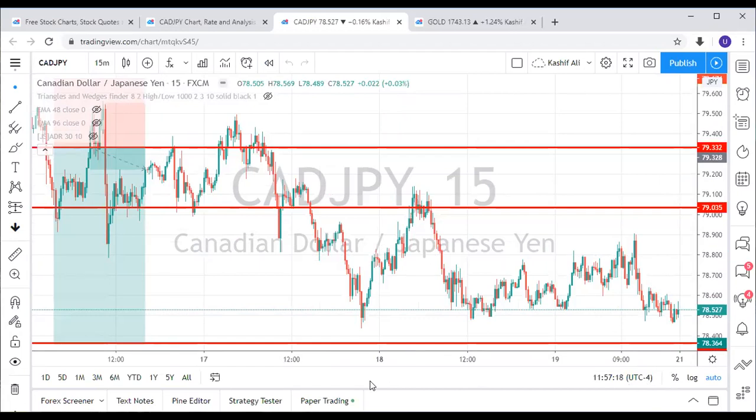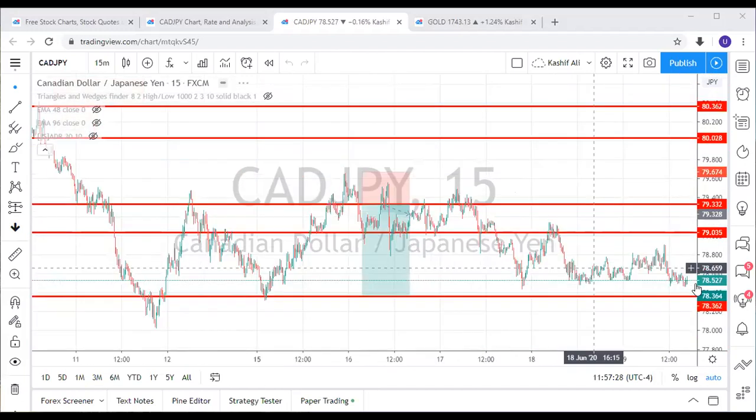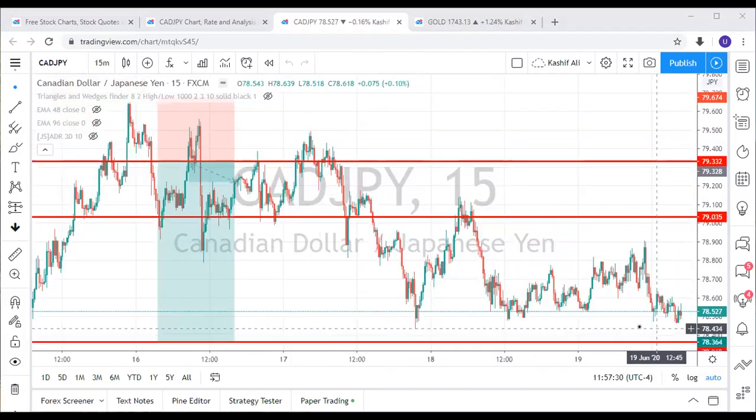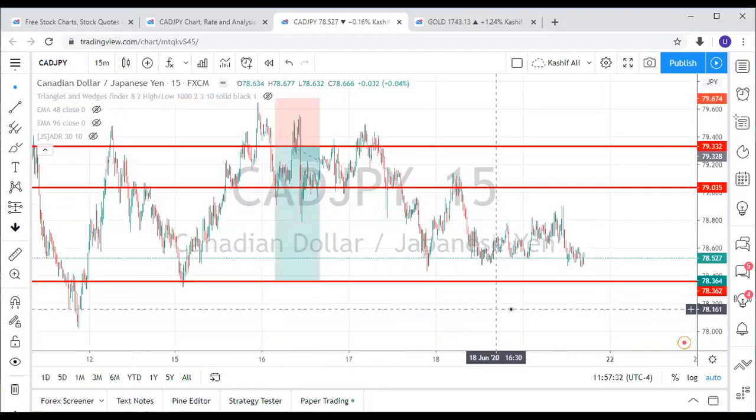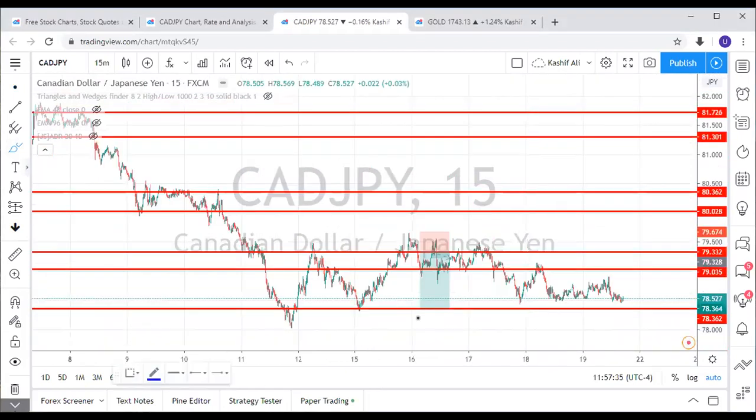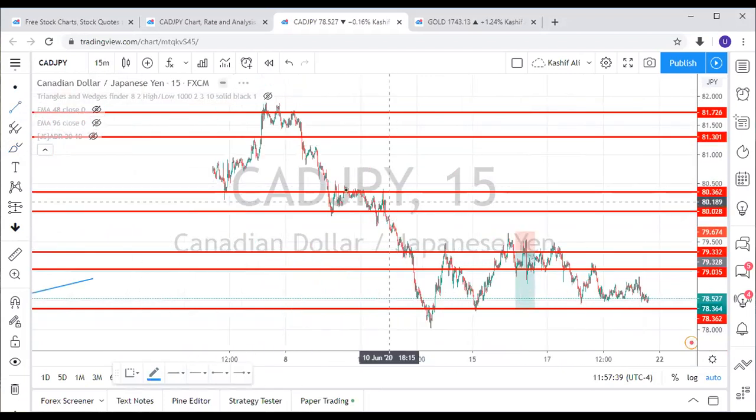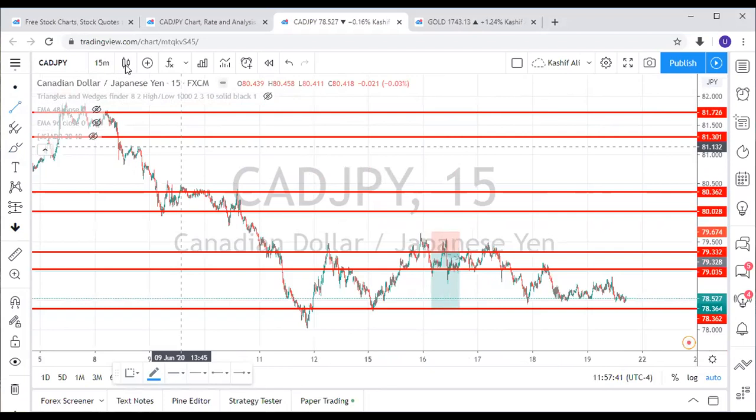So what is the question? Okay, how do you recognize that the trend has changed? So when the consolidation starts, this is a consolidation. There are many ways, like when it breaks the channel.